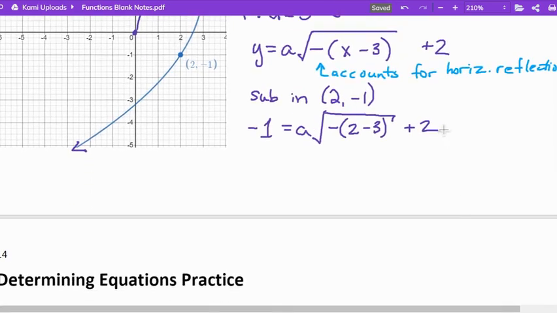Okay, so let's solve. So we're going to get negative 1 minus 2. Thank goodness. I've got the negative of negative 1, which is what? Just 1. So what is a equal to?